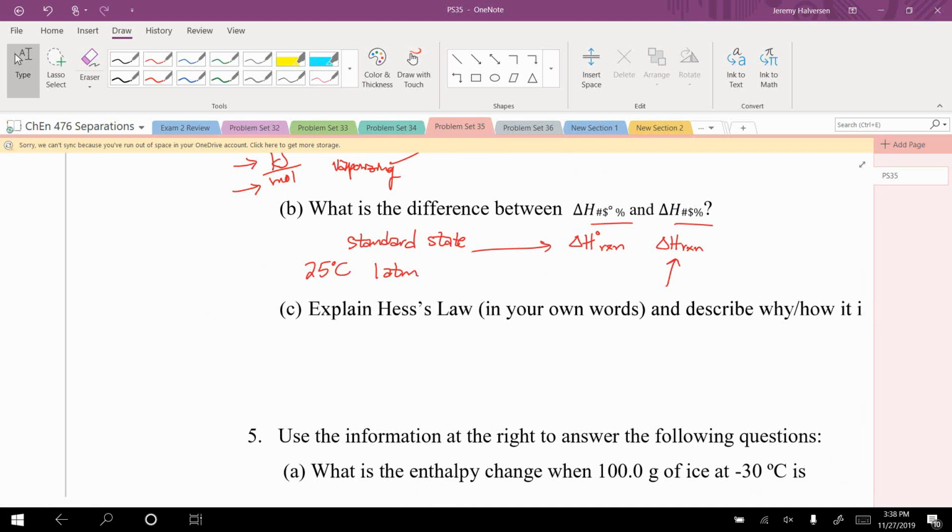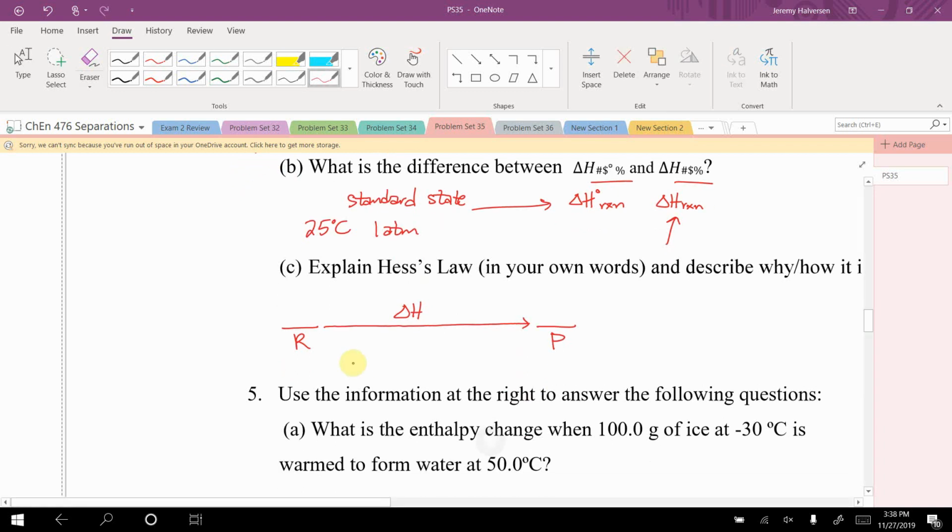Hess's law says that if I have reactants and I have products and I am trying to find the delta H to get from the reactants to the products, but I don't know that delta H, then Hess's law says, well, let's say that I know a reaction that gets me from my reactants to some species, and then another reaction that gets me from those species to these species, another reaction that gets me from B to my products.